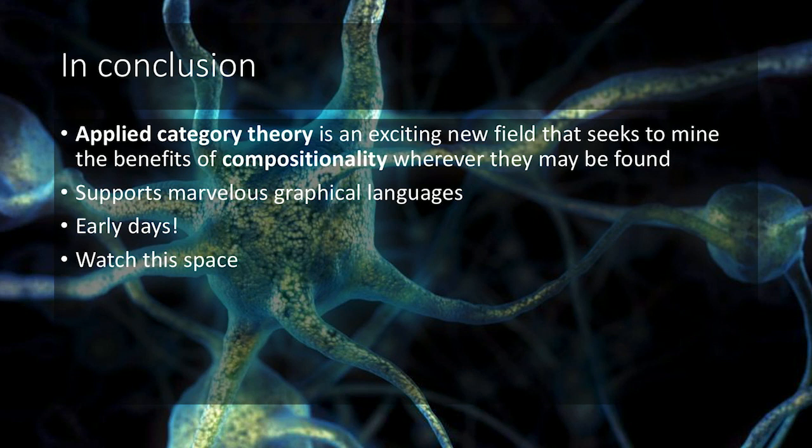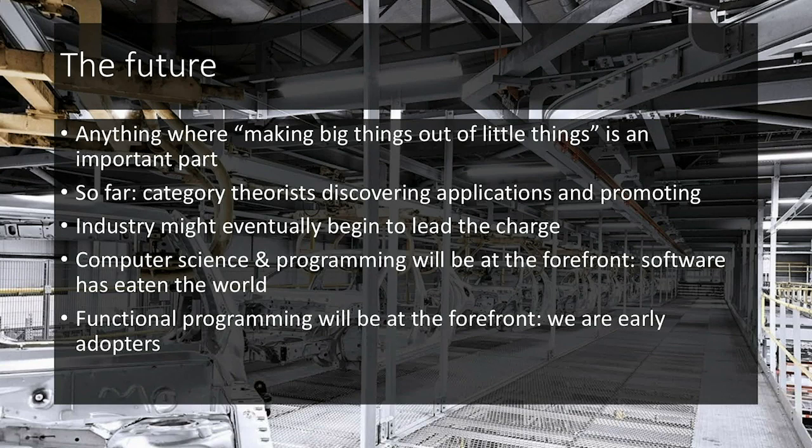It's still very, very early days, and we've barely scratched the surface of what it can do. In the future, really, anything where making big things out of little things is a thing that you do, and you don't want it to get all weird and complicated as you put them together. Well, this is something where applied category theory might find inroads.